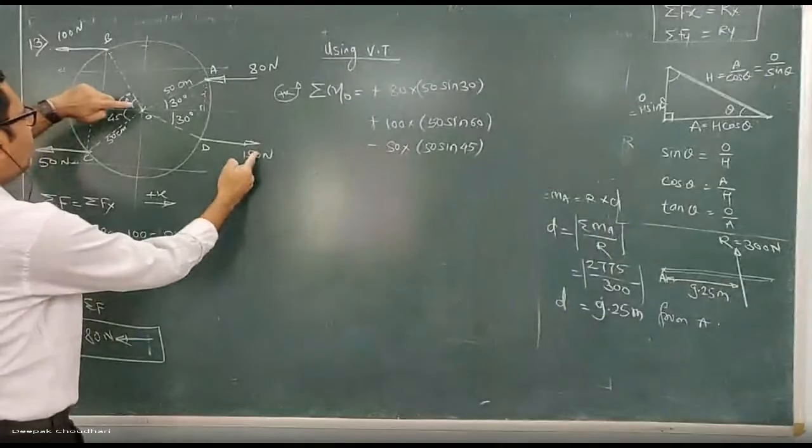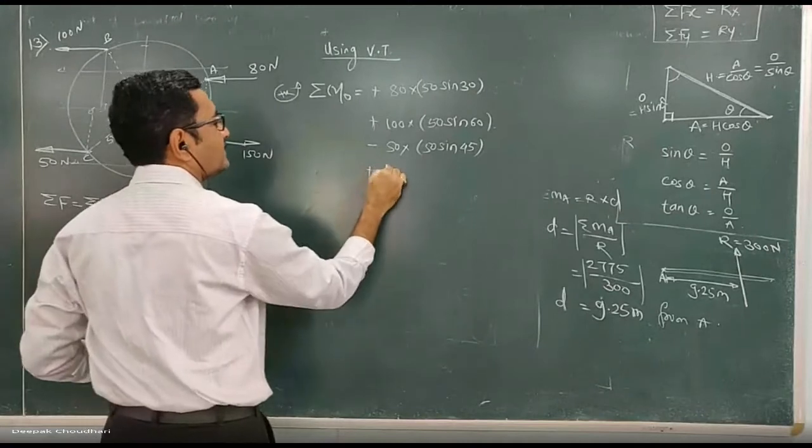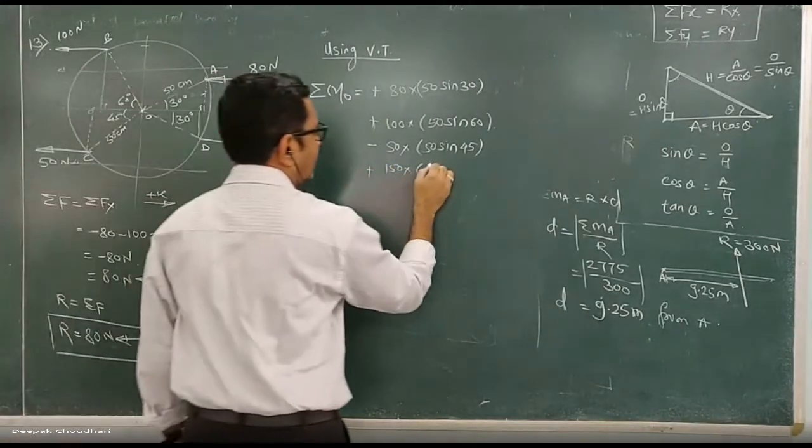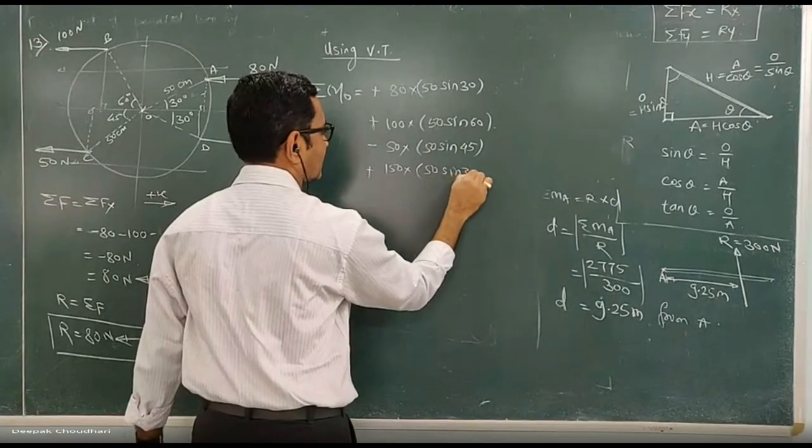And the moment of this 150 about point O is anti-clockwise, so it is plus 150 into its perpendicular distance, this vertical distance, which is 50 sin 30 again. Clear?